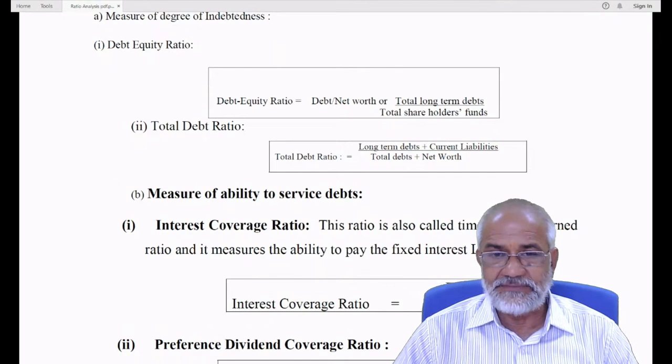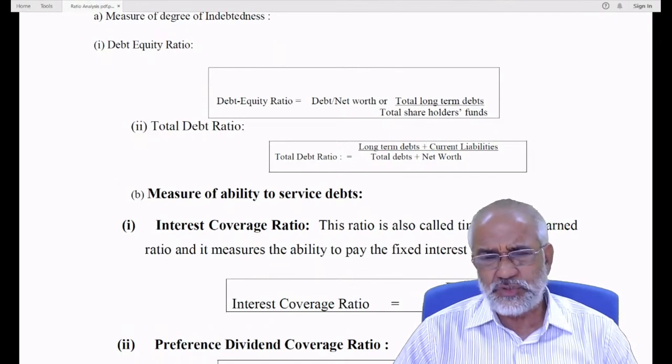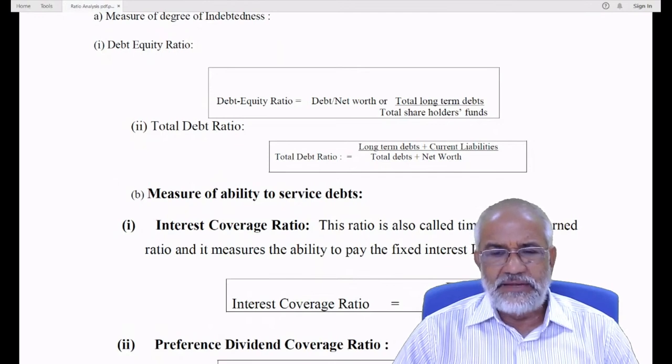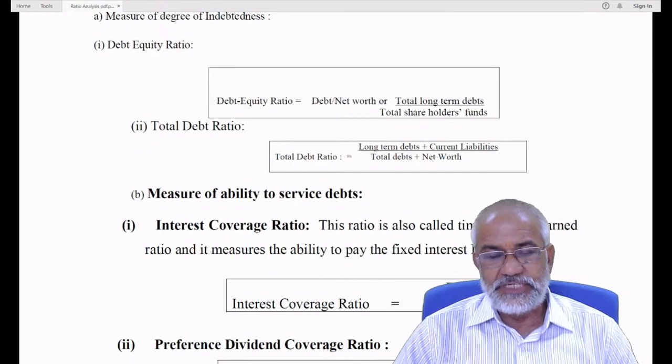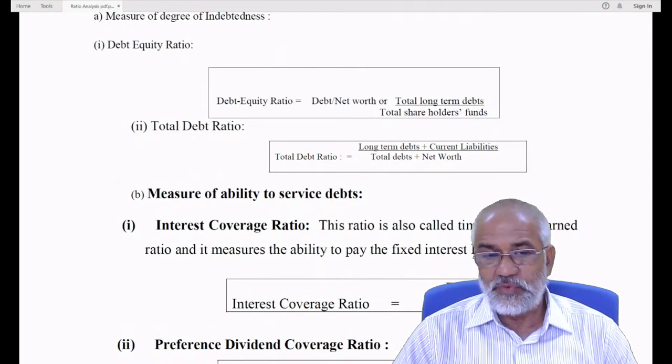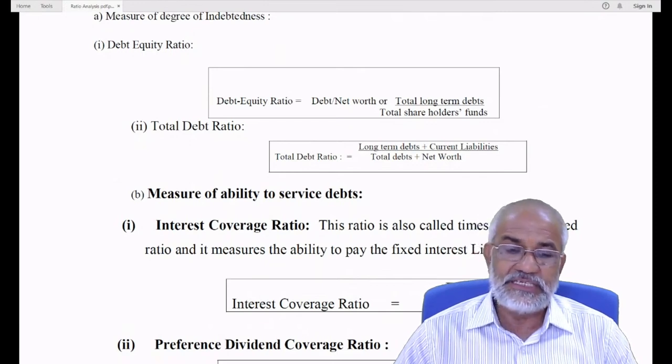This ratio is also called the times interest earned ratio, and it measures the ability to pay the fixed interest liability. So interest coverage ratio is equal to EBIT divided by the amount of interest. Earning before interest and tax divided by the interest, that would be the interest coverage ratio.